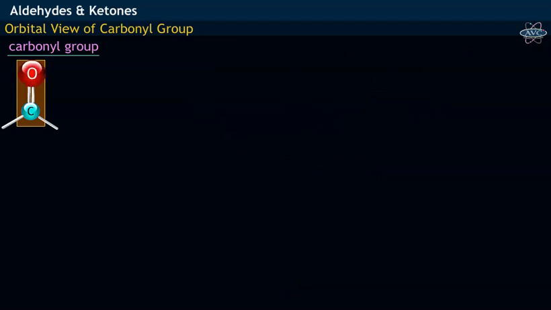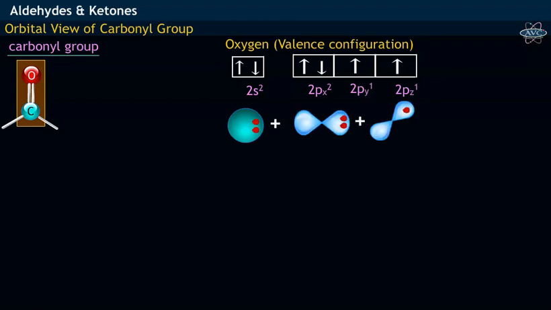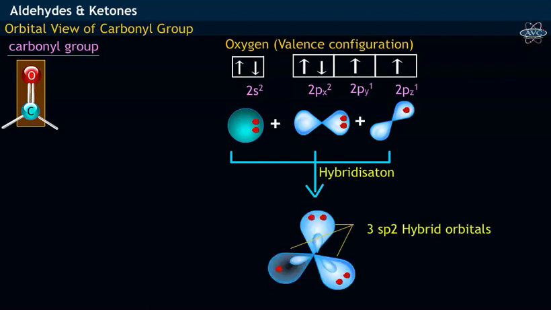Similarly, in carbonyl oxygen with the valence electronic configuration shown, one 2s and two 2p orbitals hybridize and thereby result in the formation of three sp2 hybrid orbitals.